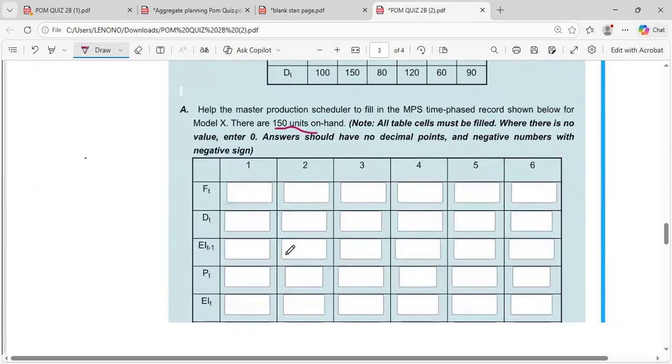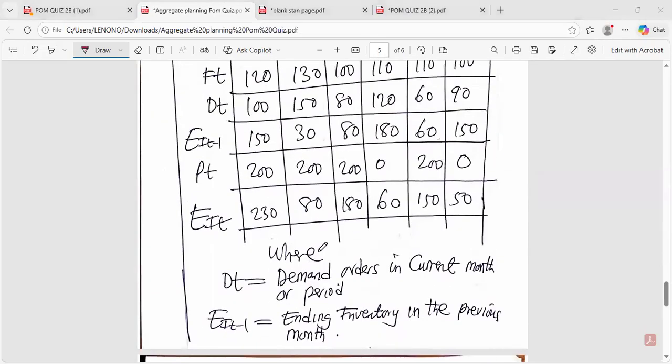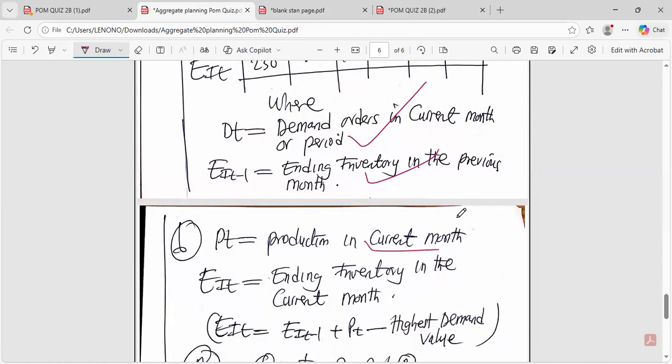We have this one. This one is forecast demand, then customer orders, ending inventory before the current period, that is ending inventory in the previous period, production in the current period, and ending inventory for the current period. The most important things are the demand and customer orders in the current period, ending inventory in the previous month, production in the current month, and ending inventory in the current month.